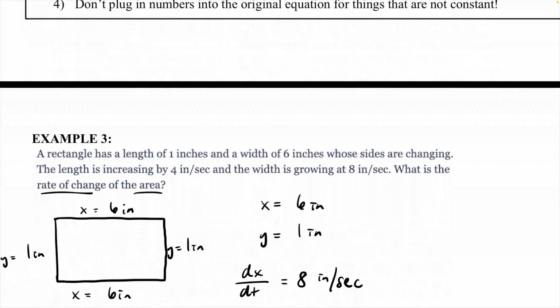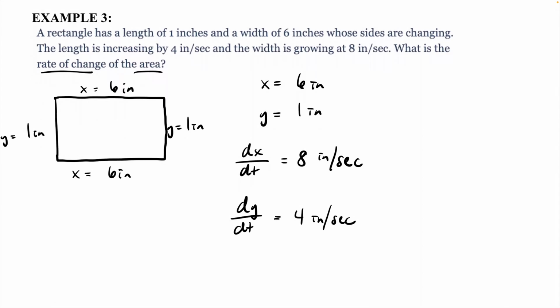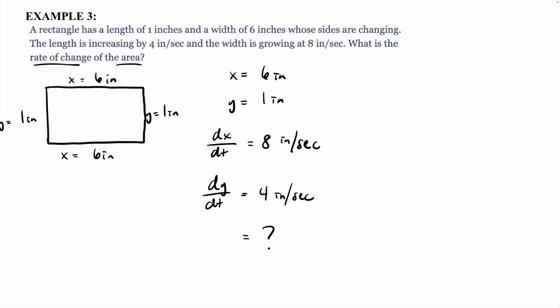So what was the question of this problem? The rate of change of the area. I don't know that guy, so I'm going to put a question mark. How do I label it, though?